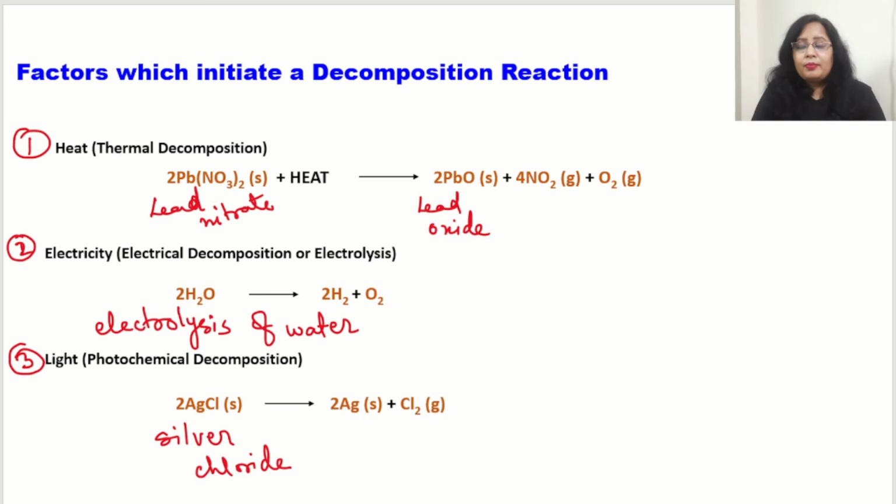So that grey powder which is left over is actually our silver. And this phenomenon of breaking of silver chloride into silver and chlorine is widely used in photographic films to take pictures.